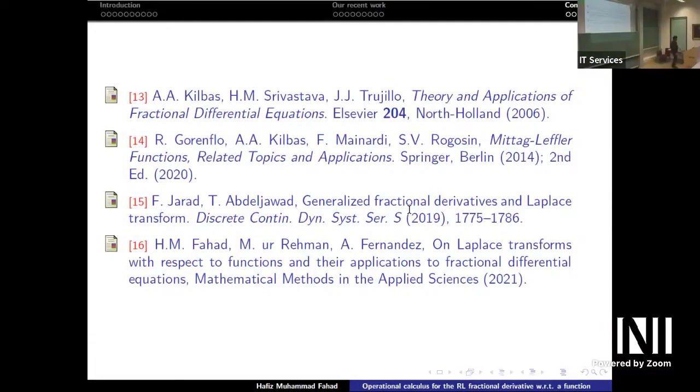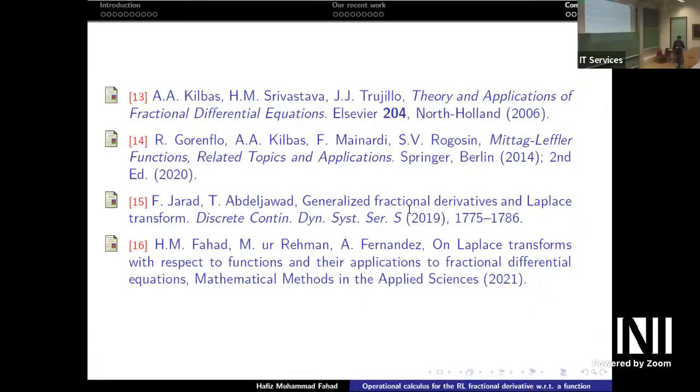This is the definition of the generalized Laplace transform, and we can see that this is just the natural generalization of the classical Laplace transform.